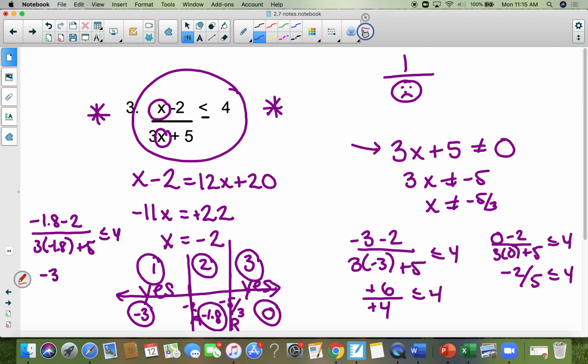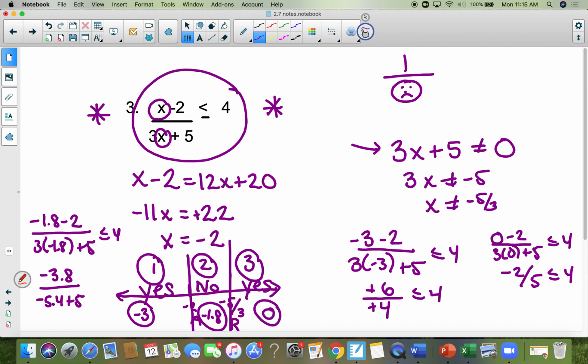Or a negative 3.8 all over, I've got to get my calculator out here. This makes a negative 5.4 plus 5. This one's going to end up being a no if you keep going.